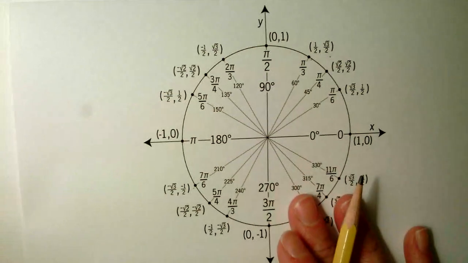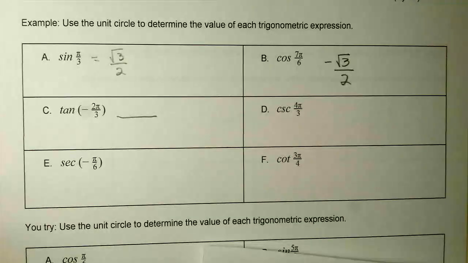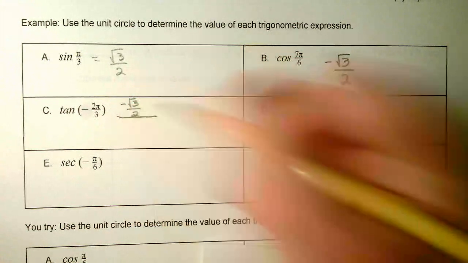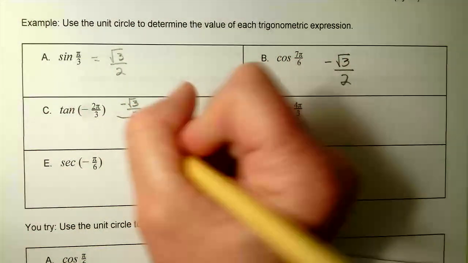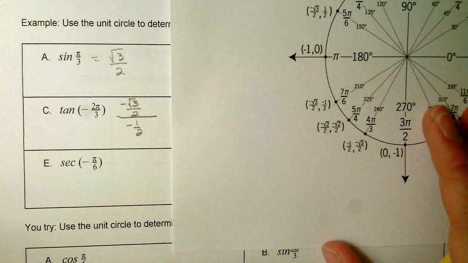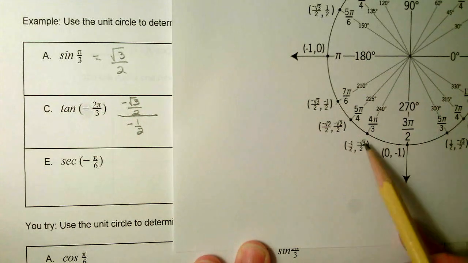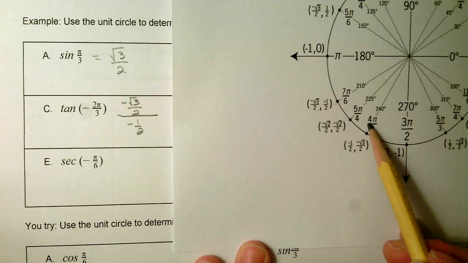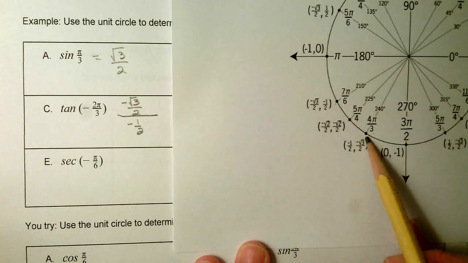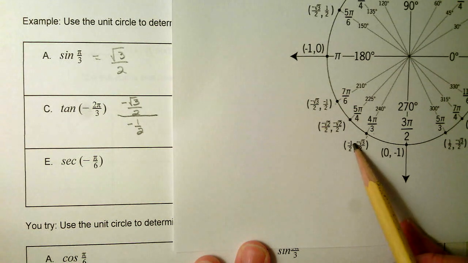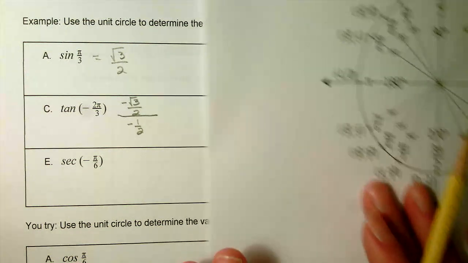And I see that my sine is negative square root of 3 over 2, and my cosine is negative 1/2. So here was negative 2 pi over 3. As a positive angle, that would be 4 pi over 3. I have negative square root of 3 over 2, that's my sine, over negative 1/2, that's my cosine.